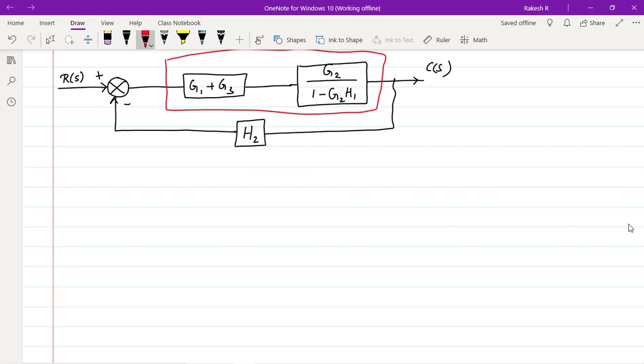So when blocks are in series, we need to multiply those two blocks. Right. So this becomes G1 plus G3 into G2 divided by 1 minus G2 H2 here.